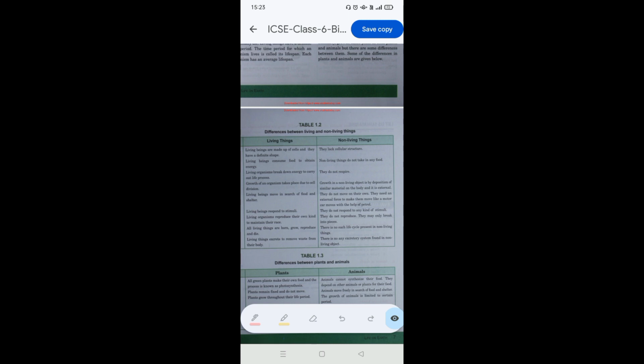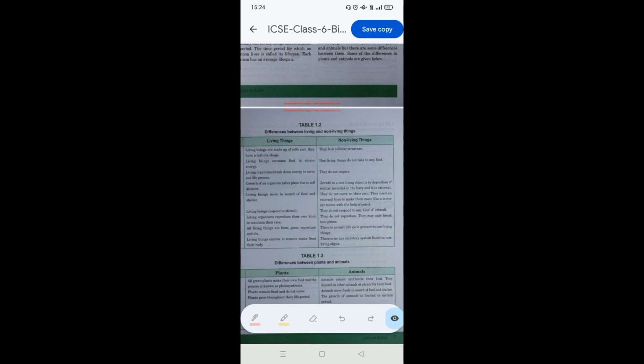All living things are born, grow, reproduce, and die. There is a life cycle in case of living organisms, whereas there is no such life cycle present in non living things.